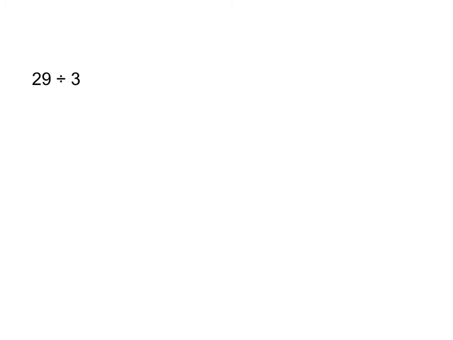If I counted by 3's, I can just make a mark every time I say it. 3, 6, 9, 12, 15, 18, 21, 24, 27, 30. Now that's too far, but I know 27, 28, and 29.